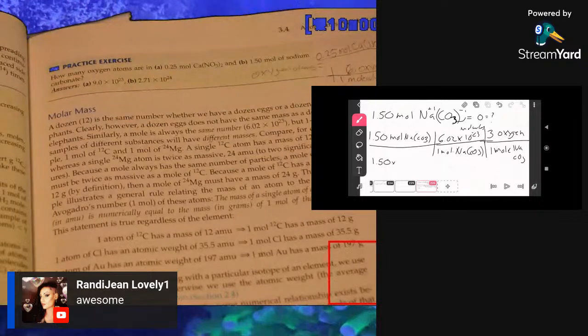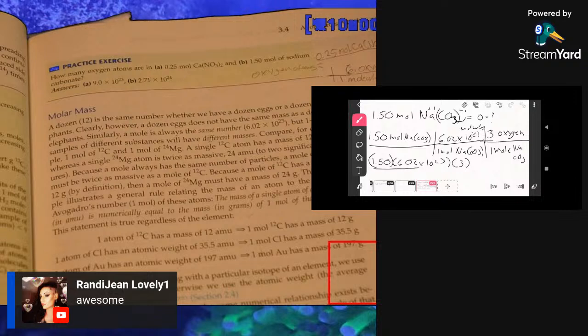Times, I usually don't like to put an X, but I'll put an X right there for multiplication. Yeah, let's not put an X. Times 6.02 times 10 to the 23rd. This is why I don't like to put the times, because you see how it's an X right there for the 10 times 3.